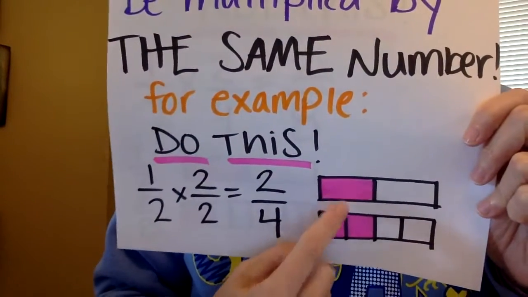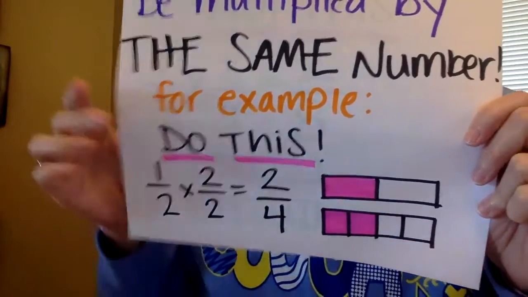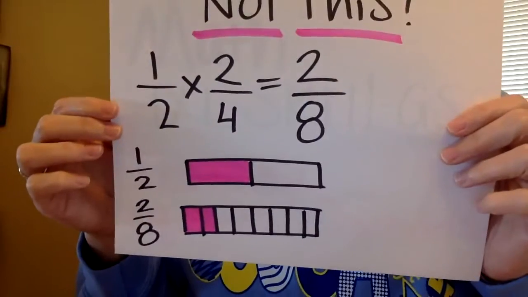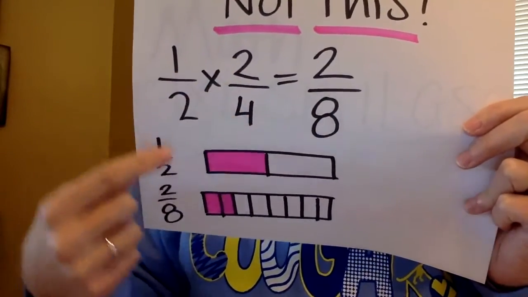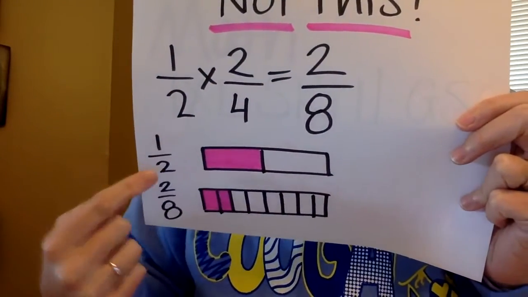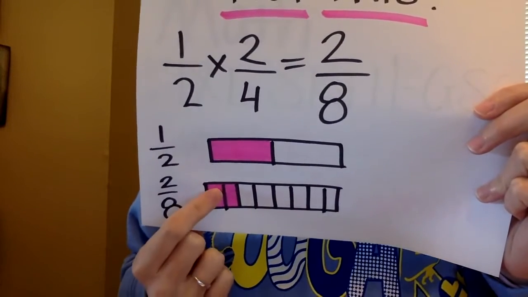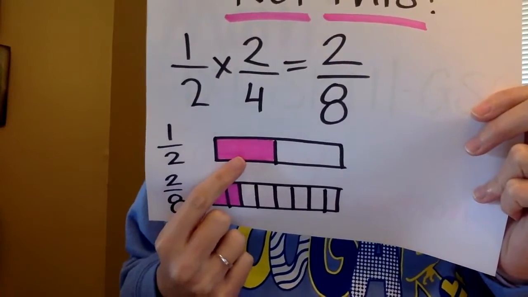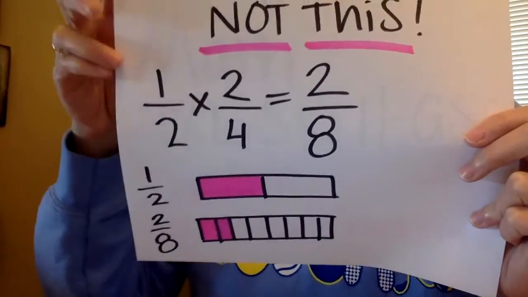If I look at my model, I split this guy in half. I created 2. I need to do the same thing over here. I'm not going to do this. This doesn't make sense. I have to use the same number because if I draw out the model for this multiplication problem I just did, this is the model I end up with. And if you look, this area is not the same as this area. I want to make sure equivalent fractions is equal, same amount.